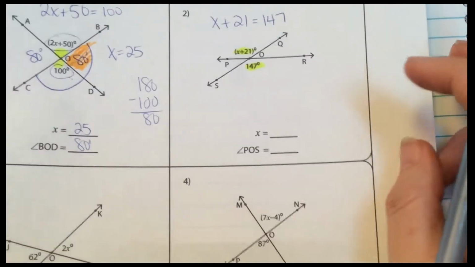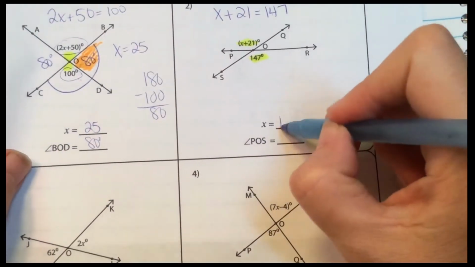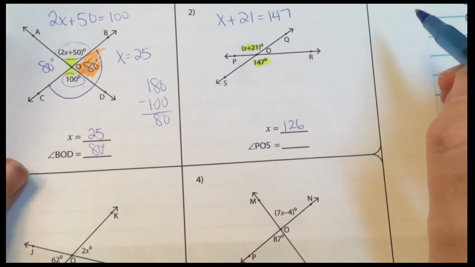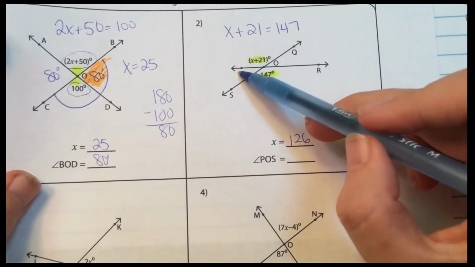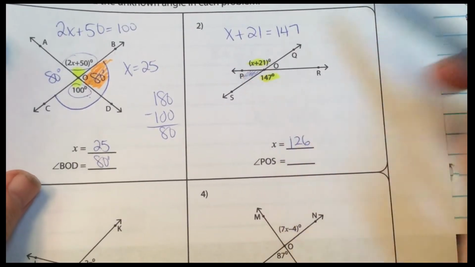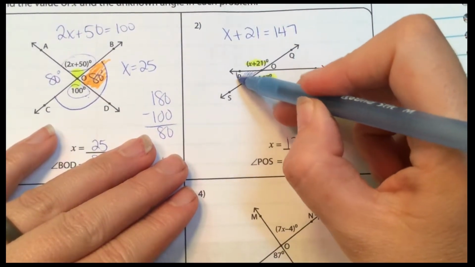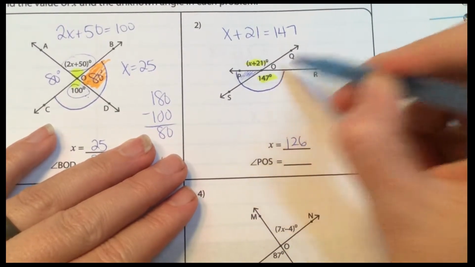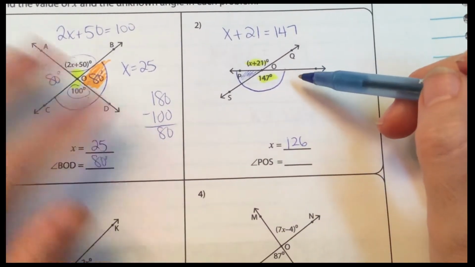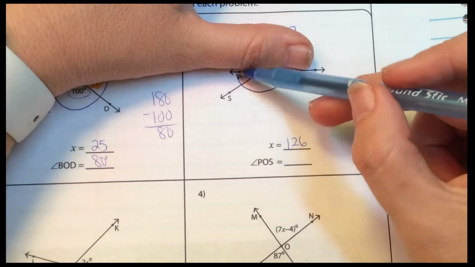Let's see what this one asked. We already solved for x. It's 126. So let's fill that in. And it asks me for POS. So they're talking about this angle right here. If this one's 147, all I have to do is, if I look at it, this is supplementary angles. They create a straight line.